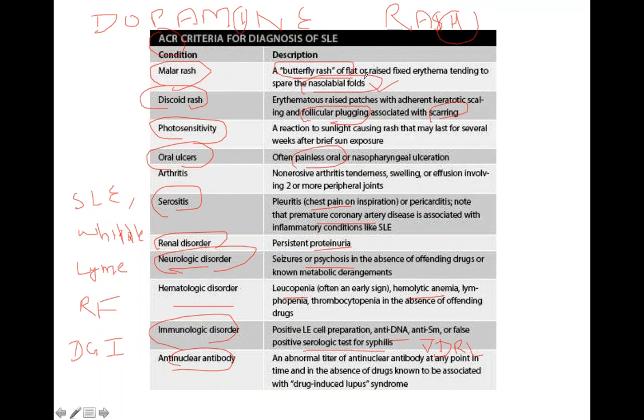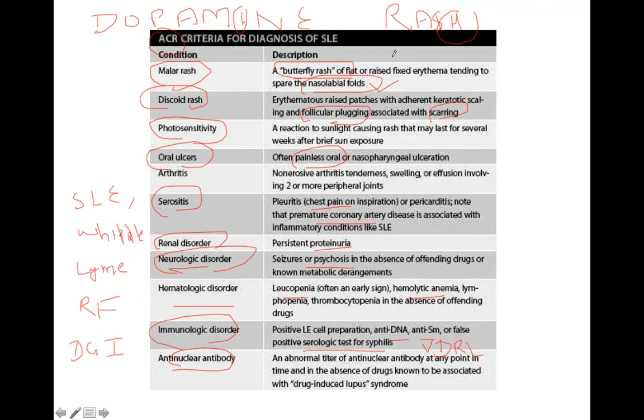Then we have I for immunological abnormality, N for neurological, E for raised ESR, R for renal abnormality, ANA, then hematological abnormality. So these are the criteria.